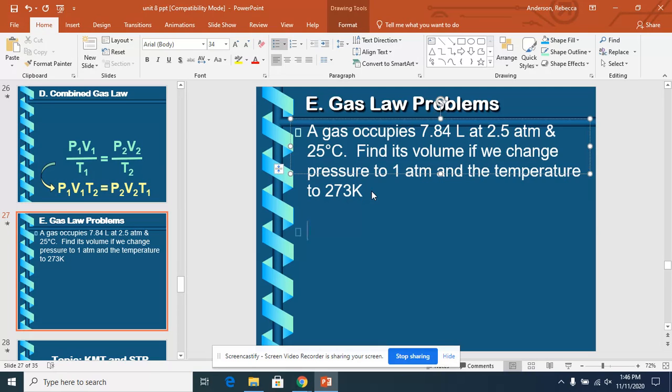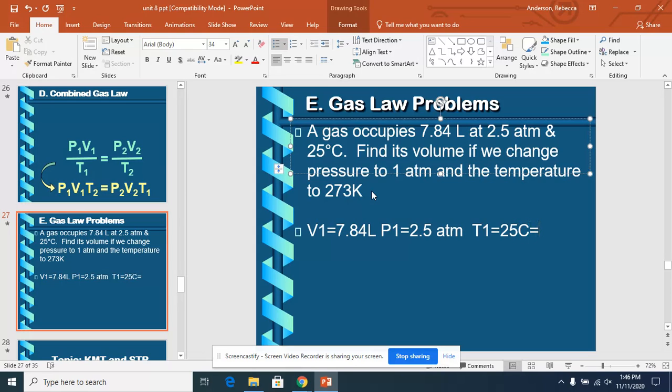So our starting volume is 7.84 liters, our starting pressure, P1, is 2.5 atm, and our starting temperature is 25 degrees Celsius.